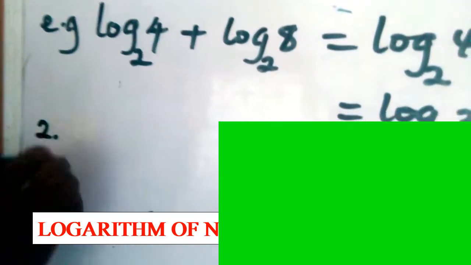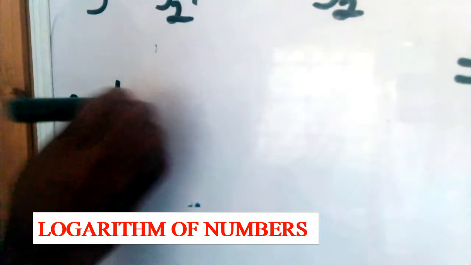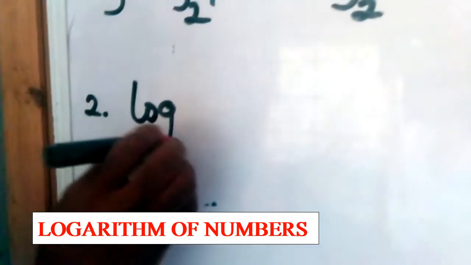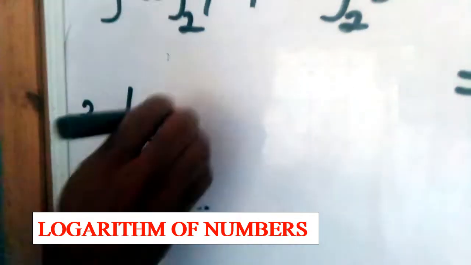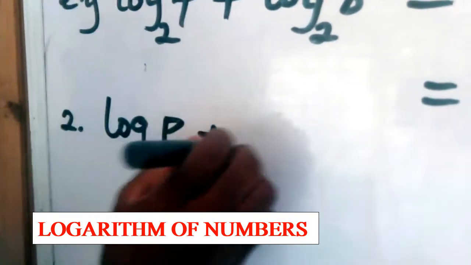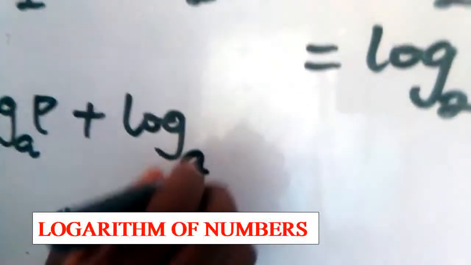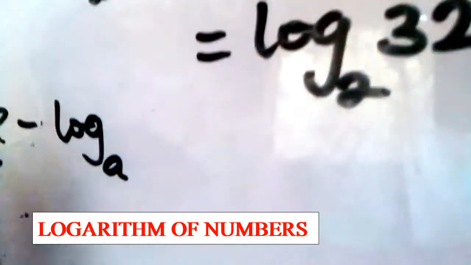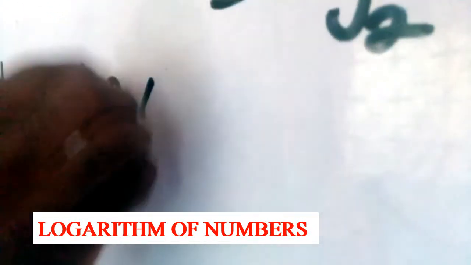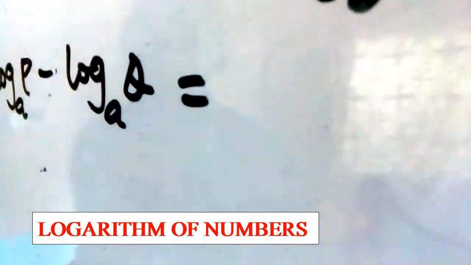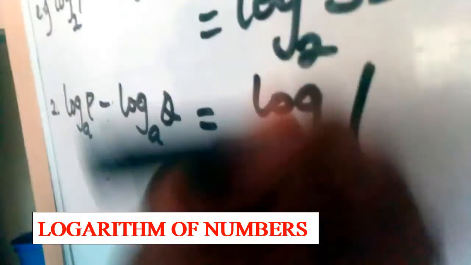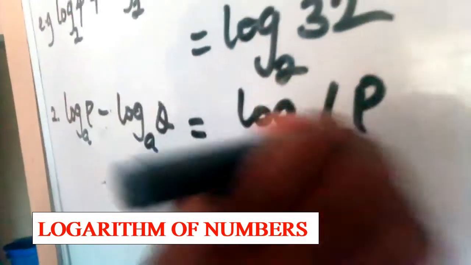Second one is the subtraction law. We have log base a of p minus log base a of q. That is the same thing as log base a of p divided by q.